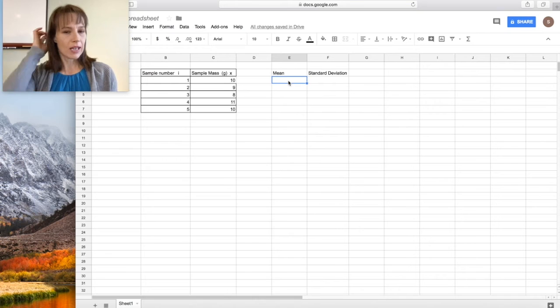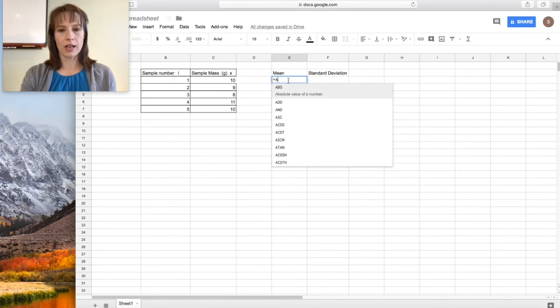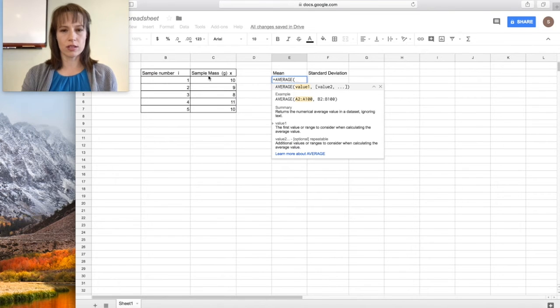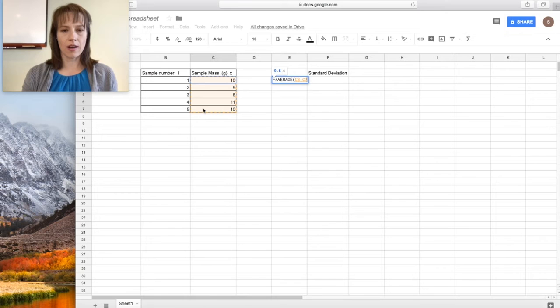Now, you can use the calculator, which we did earlier, but the other way in a spreadsheet is to just enter the information in a table and then use that information. So here, Google Sheets uses the word average to mean mean, and then we just highlight all of the data points that we have, and we come up with the average.